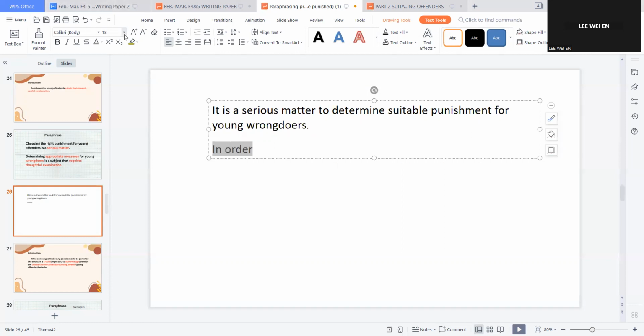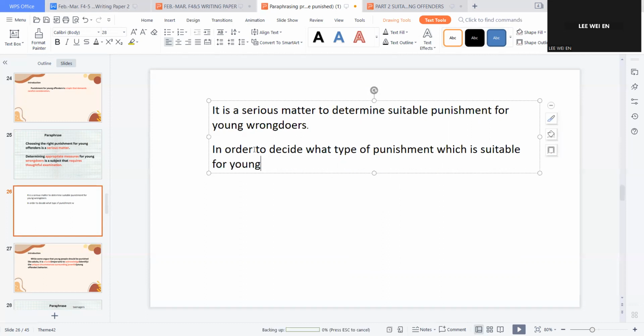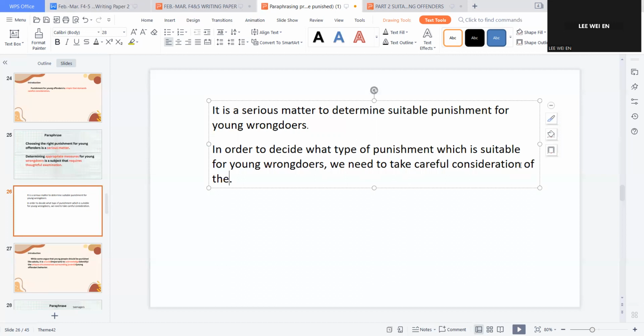Or you can say, in order to decide what type of punishment which is suitable for young offenders, young wrongdoers, we need to take careful considerations of the situations.